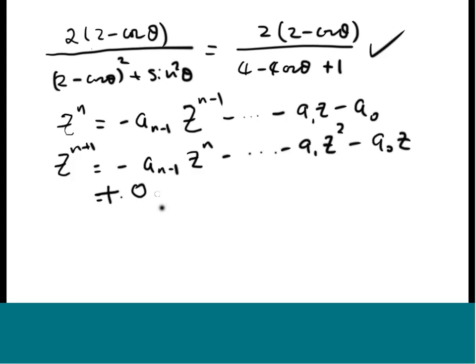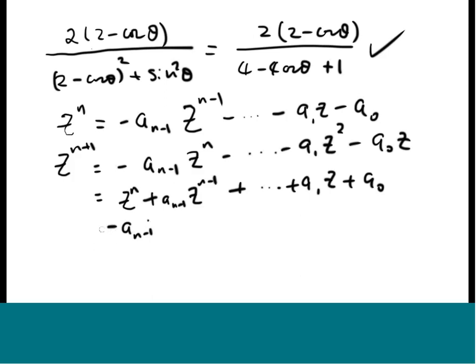This computer is kind of weird today. So you can have this equal to z^n times that thing, z^{n-1}, plus a_0, minus a_1, so minus a_{n-1} z^n, minus a_{n-2} z^{n-1}, minus a_0 z, right? Okay.